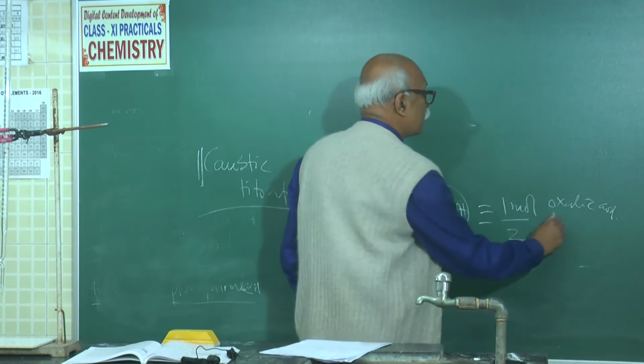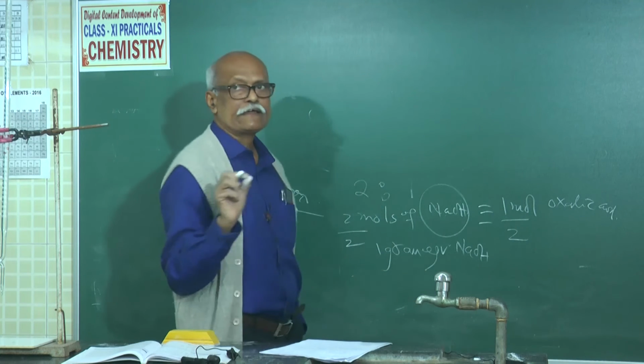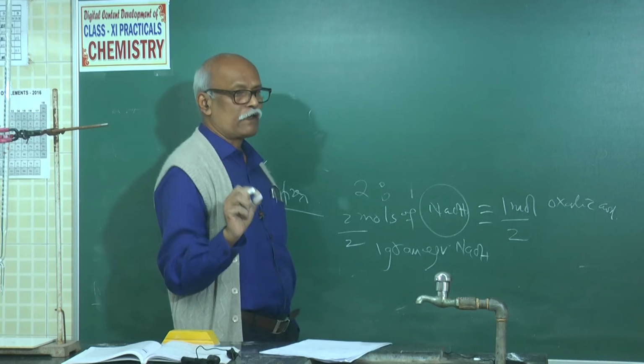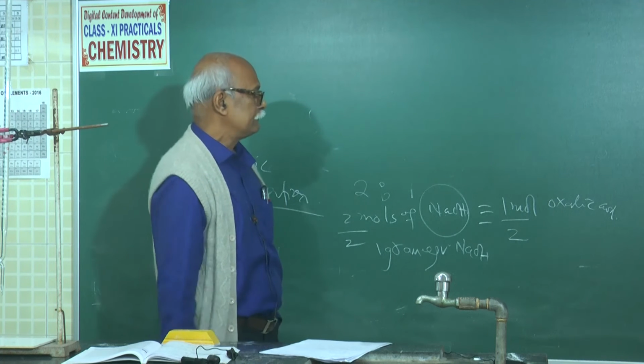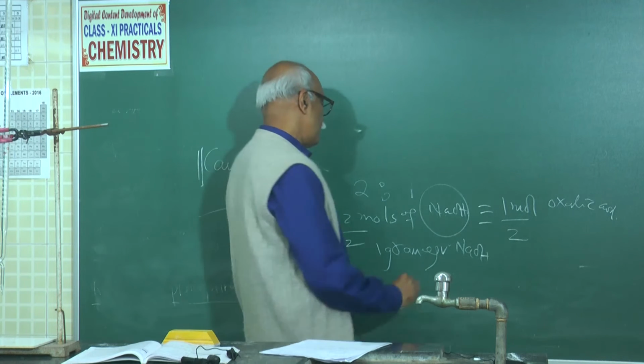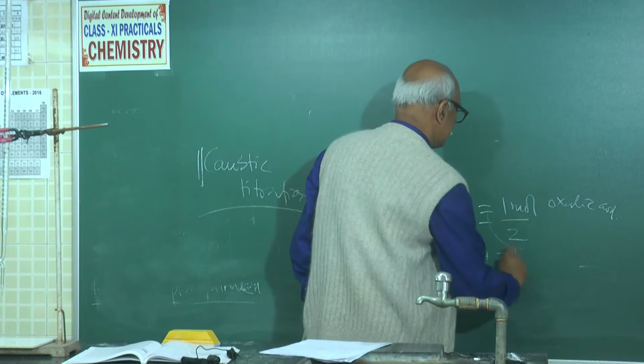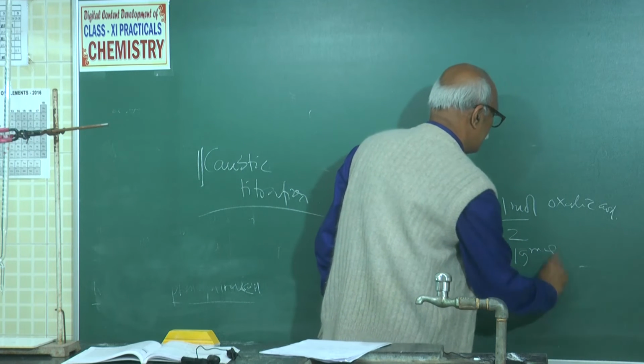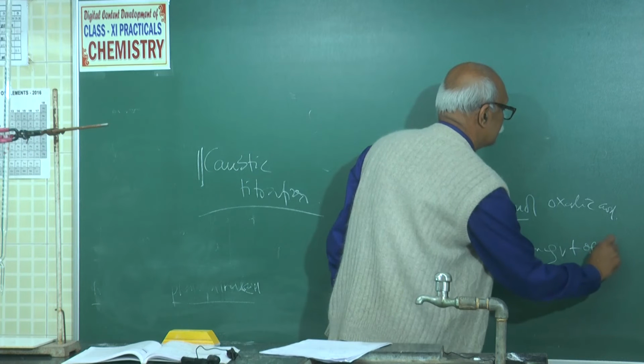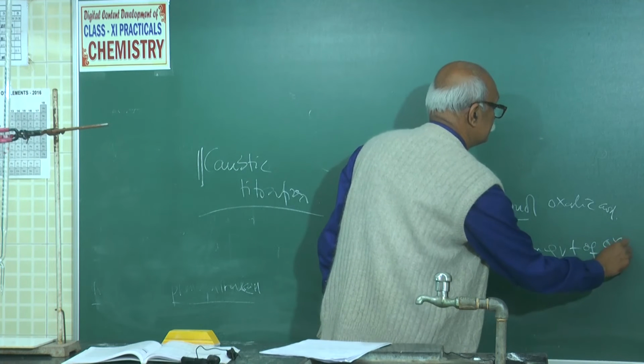And half mole of oxalic acid, as oxalic acid equivalent mass is molar mass by 2, because this is a dibasic acid. So in that case, half mole is the same as 1 gram equivalent of oxalic acid.